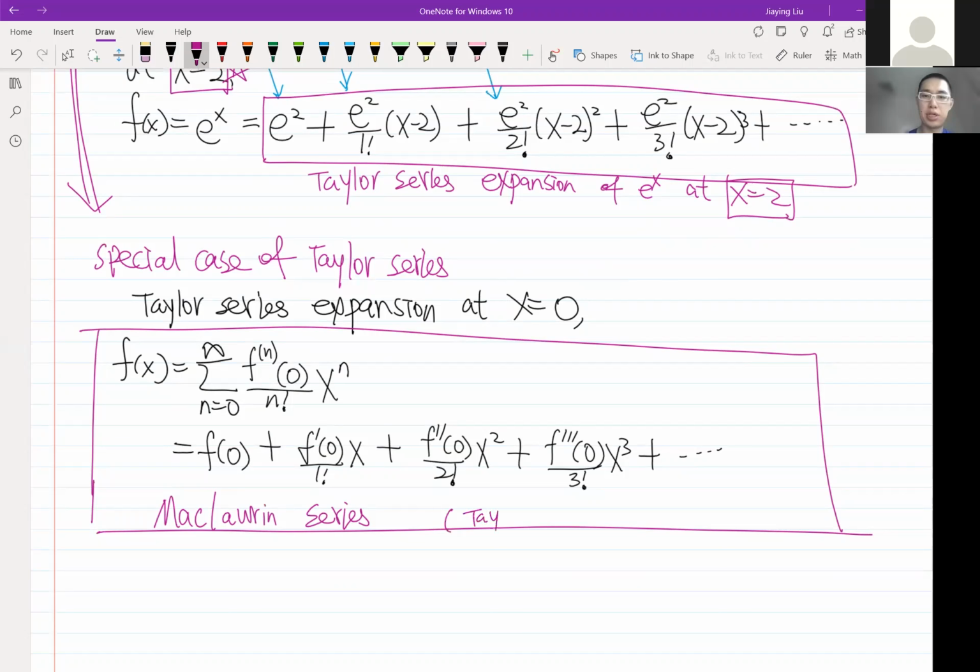So it is a Taylor series expansion, but with x equals 0, or a equals 0. It's the expansion at x equals a, which equals 0.